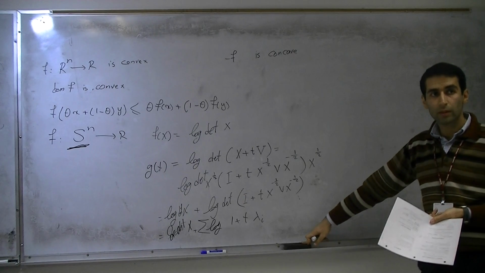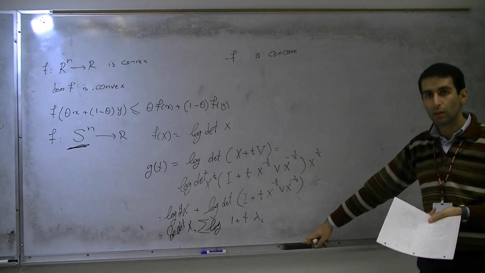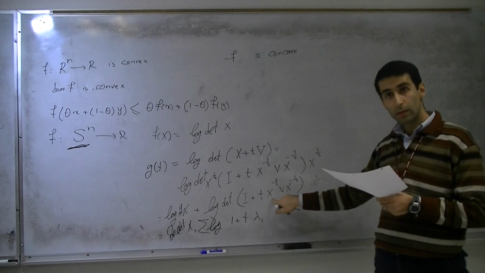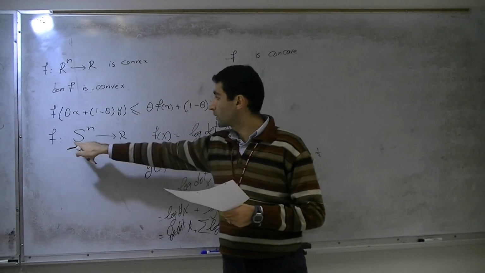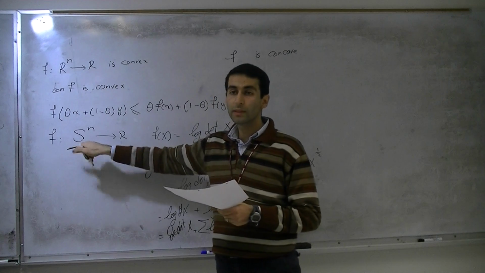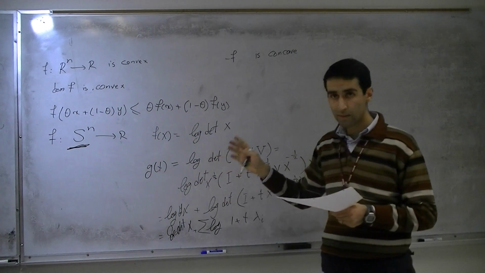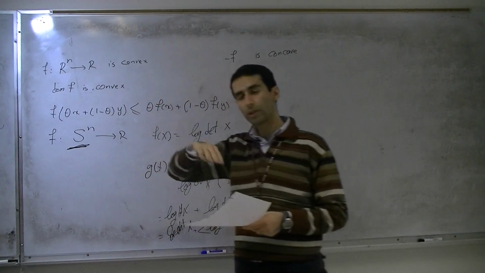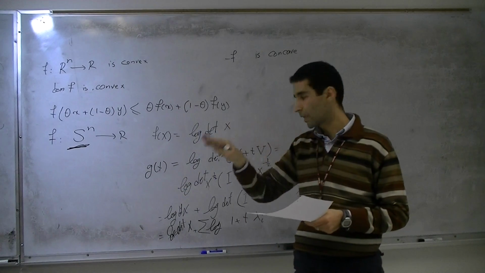Any questions? Prove it. For this one, I said true. The x is a matrix that is positive semi-definite. If it's positive semi-definite, it means that for any vector multiplied with this matrix, the result is positive, not negative.